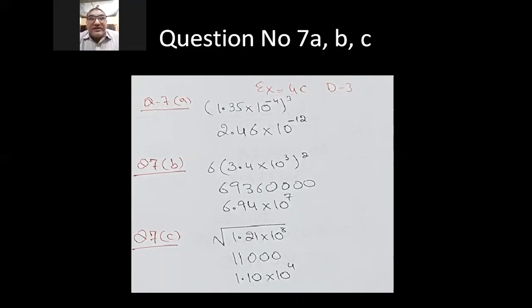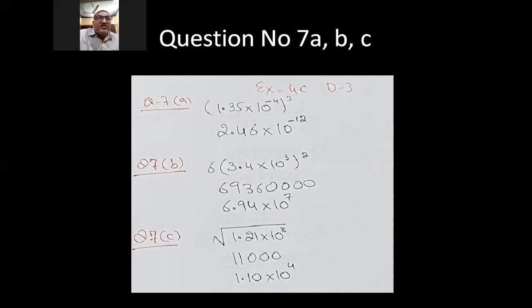Very simple question. Then we have 6 bracket 3.4 x power 3 whole square. You just enter this in your calculator. Very simple method. Listen carefully to how you will enter this in your calculator.